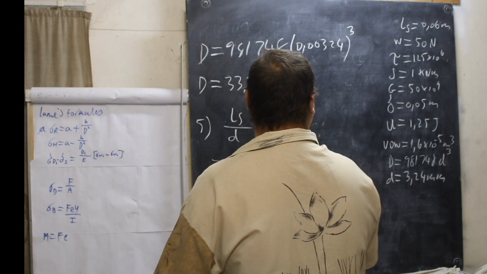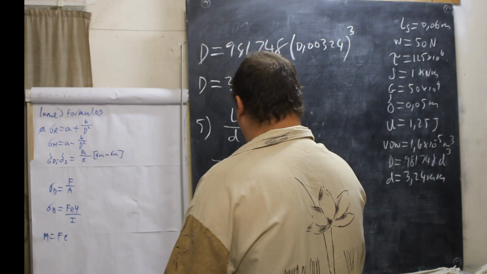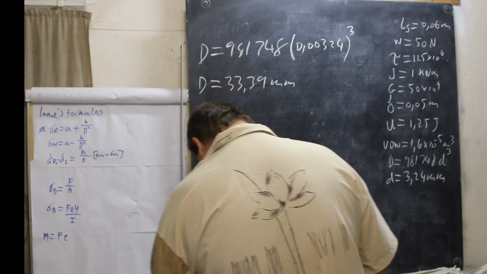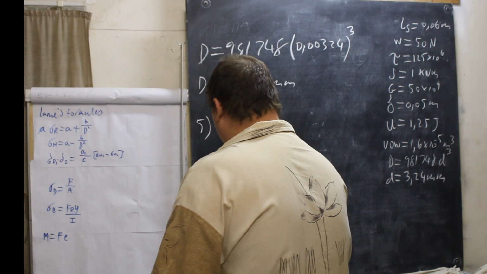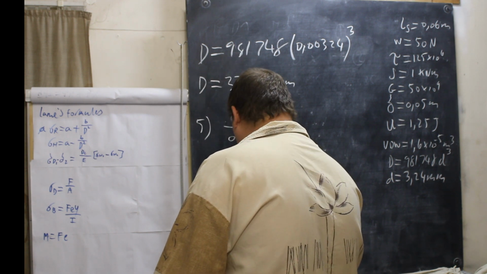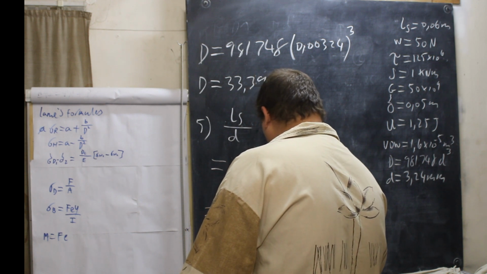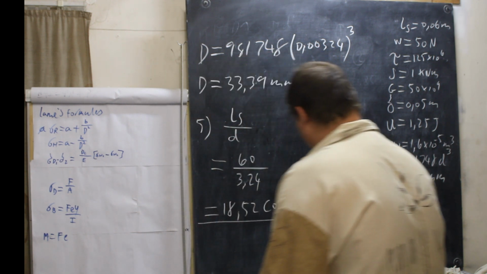So that's 60 over 3,24. So the number of coils is 18,52 coils.